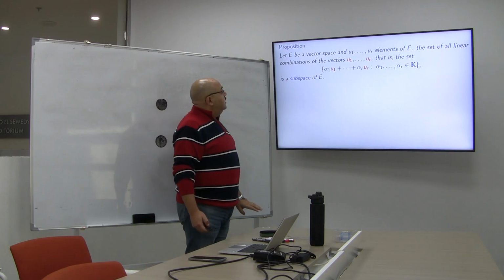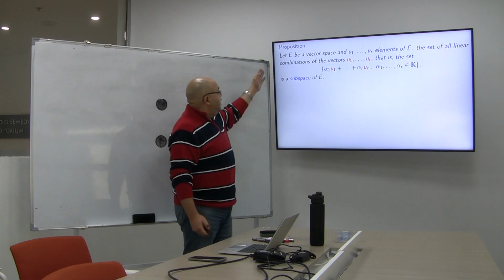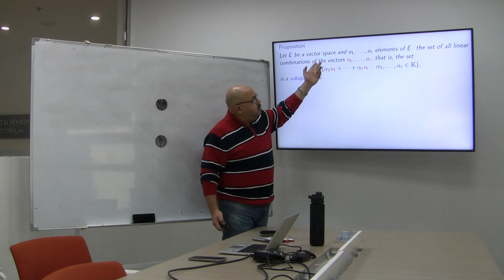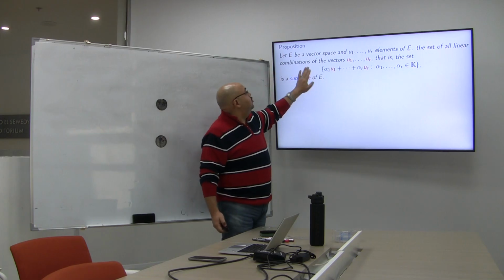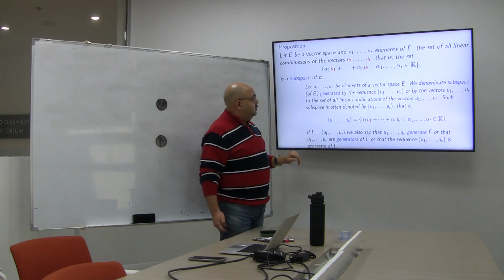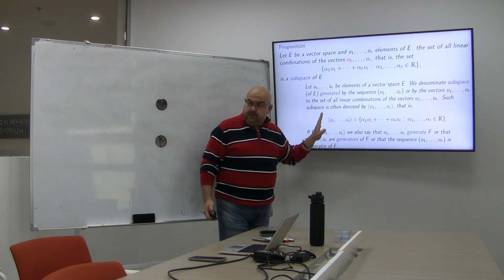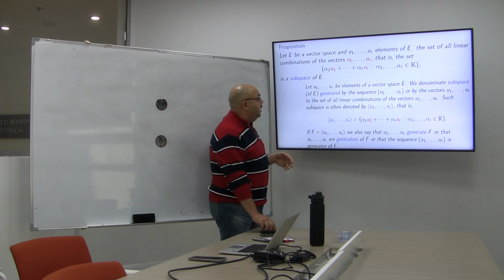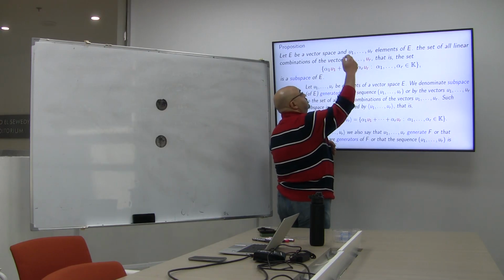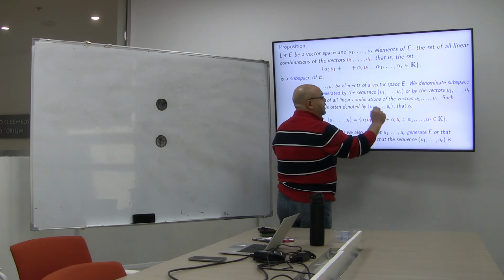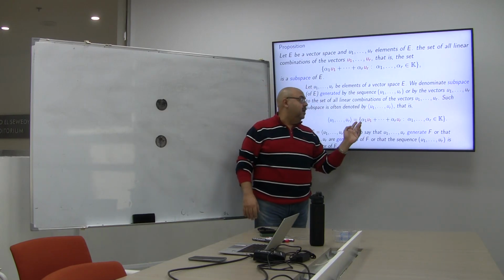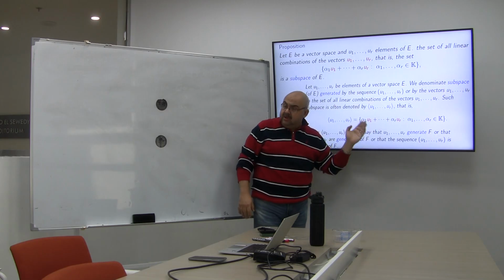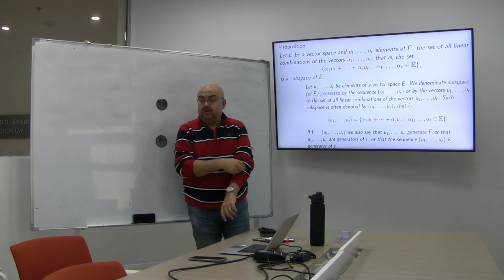In this slide, it tells you that for E a vector space with elements u1 up to ur elements of E, the set of linear combinations of these vectors can generate a sub-vector space, and we call them generators. We can symbolize it by putting these vectors u1, u2 up to ur within this shape, and this shape stands for multiplying alpha 1, alpha 2, alpha 3 with that set of vectors, and we talked about this yesterday.